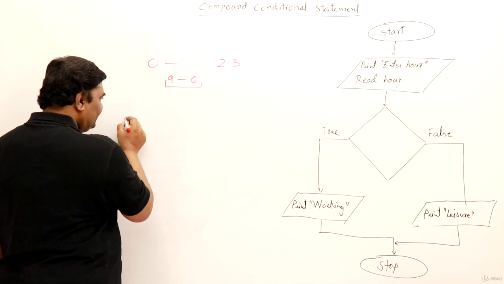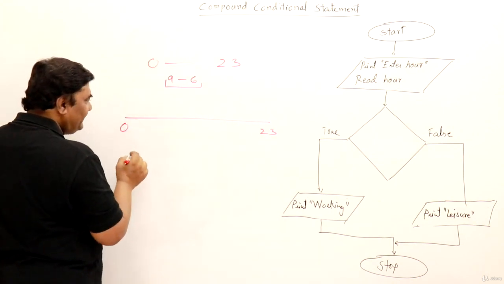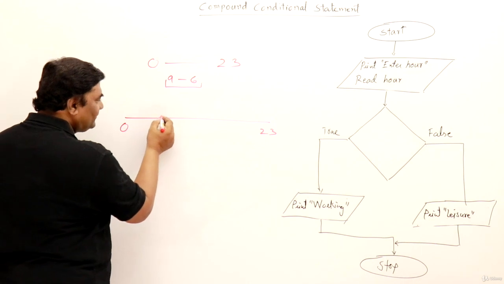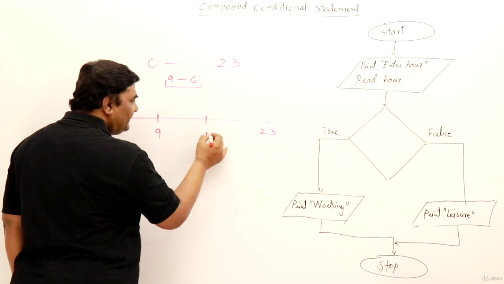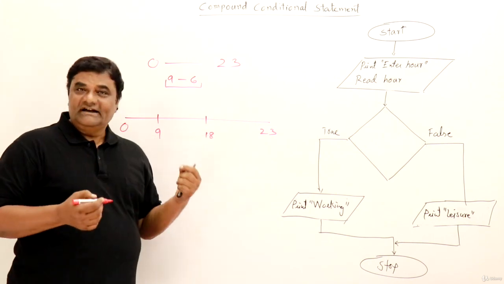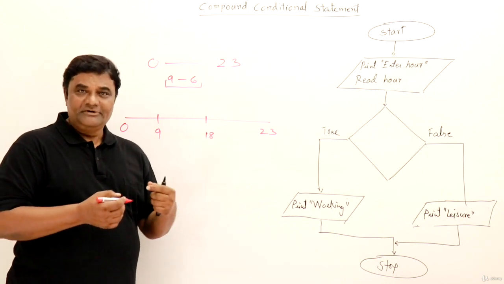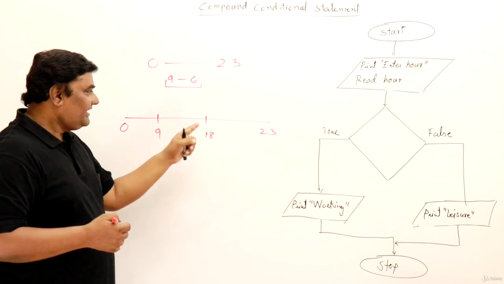So if I draw a line for 24 hours from 0 to 23, suppose this is 9 o'clock. So 6 o'clock evening will be taken as 18 hours in a 24-hour clock. Morning 9 a.m. to evening 6 p.m. people do a job. So that job hours are from 9 to 18.